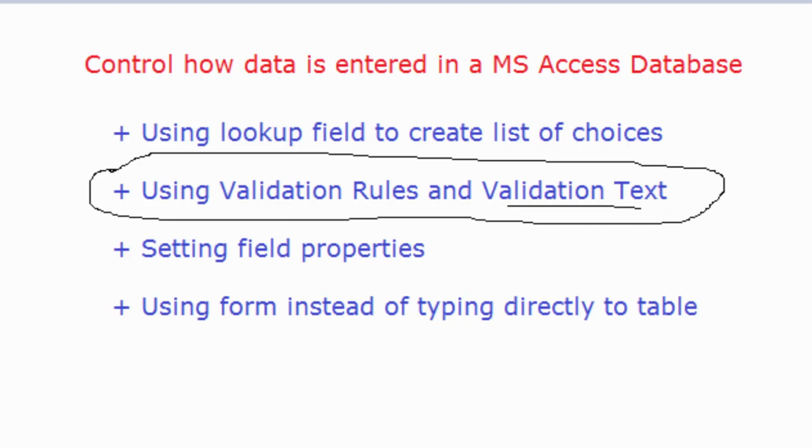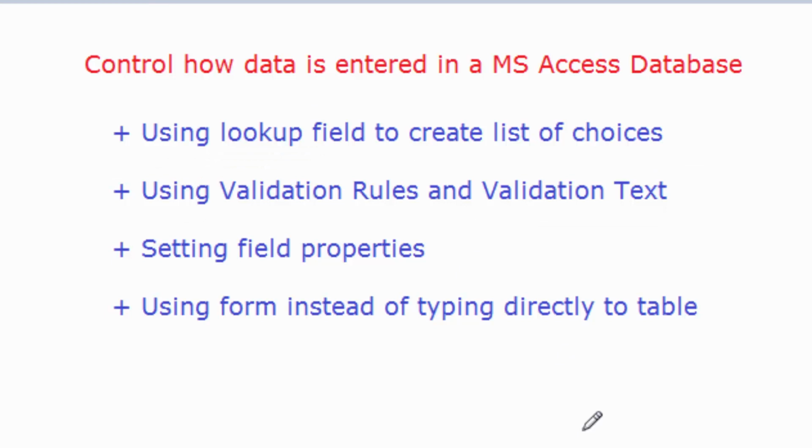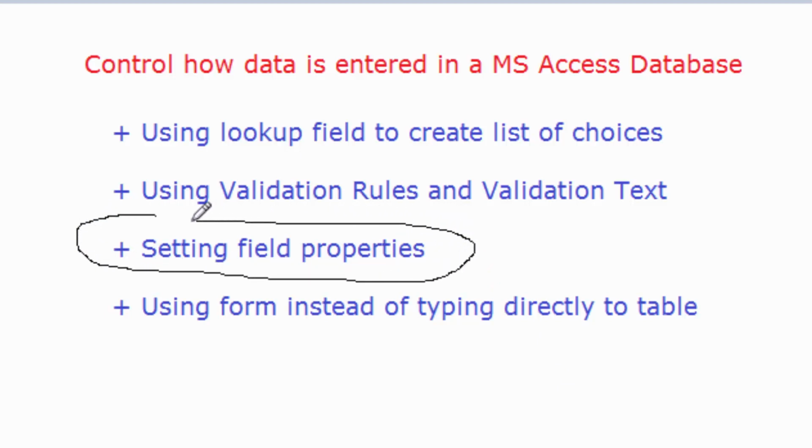Another way of controlling how correct data should be entered in the Access database is by setting some field properties. A good example is the field name for the phone. If, for example, my phone number is only 10 digits, I don't expect any digits less or more than 10.